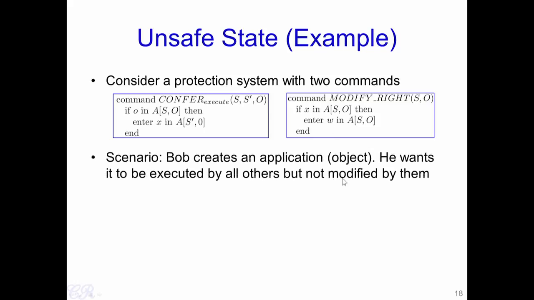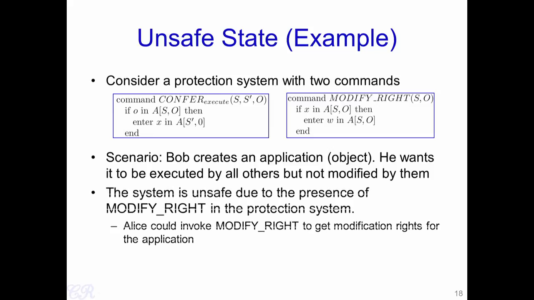Let us look at a particular scenario to see how this example shows an unsafe state. Say Bob creates an application object. He wants it to be executed by all others, but not modified by them. The system is obviously unsafe due to the presence of the modify right in the protection system.